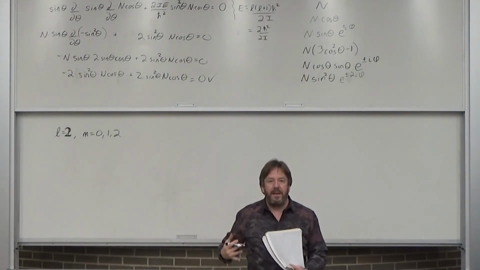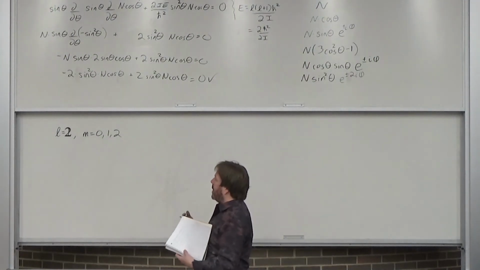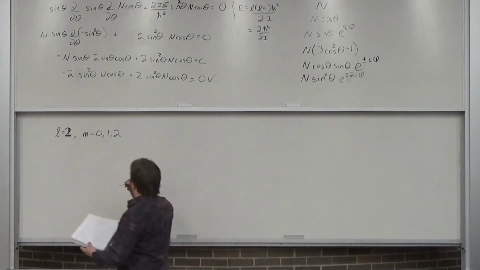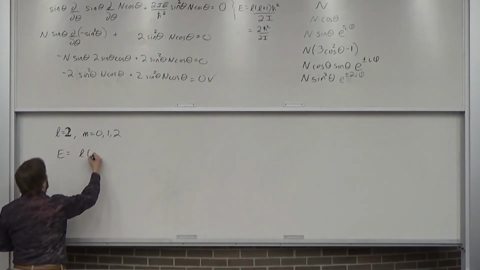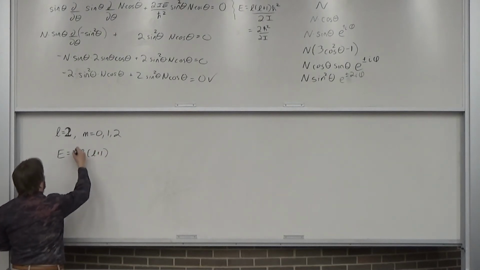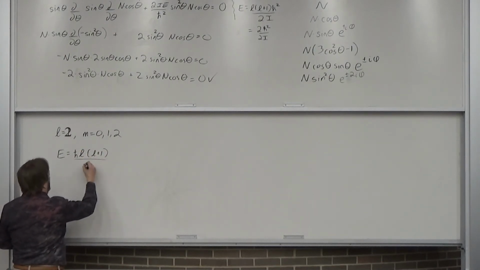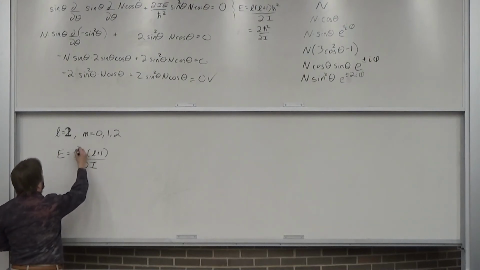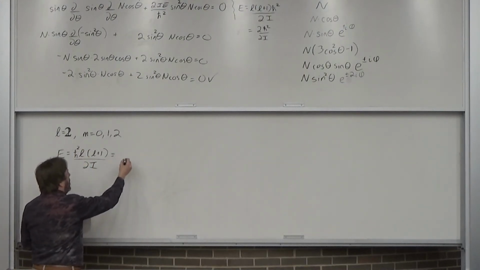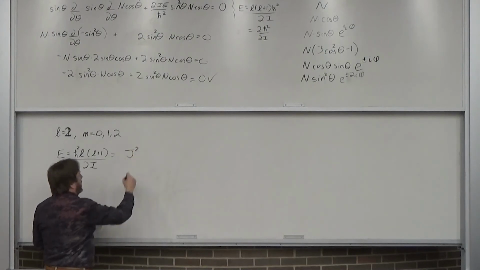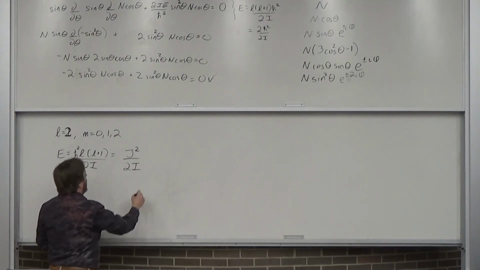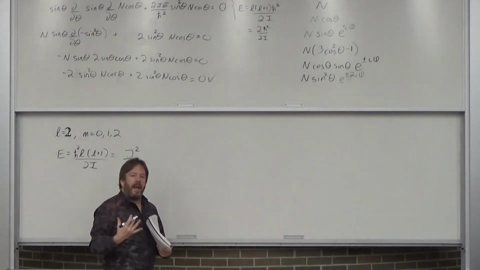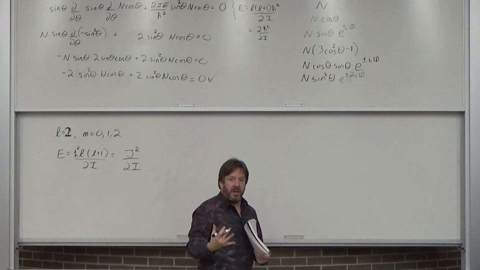To do this, I need to describe the axle, the angular momentum vector, and I need to describe how long that vector is. Now, the energy in 3 dimensions is L times L plus 1 h bar squared over 2I. Recall that there's no other type of motion except rotational kinetic energy, and therefore I'm going to say that there's a total angular momentum, which is J, big J, instead of little j.